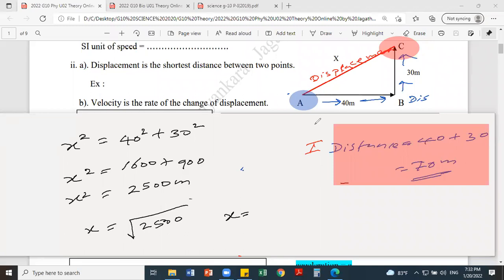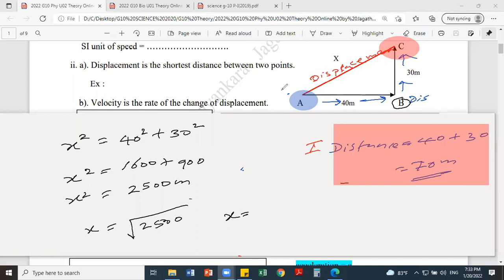Going from A to B and then from B to C takes 70 meters. So if you move directly through the displacement, X, directly from A to C, you should definitely get an answer less than 70 meters.